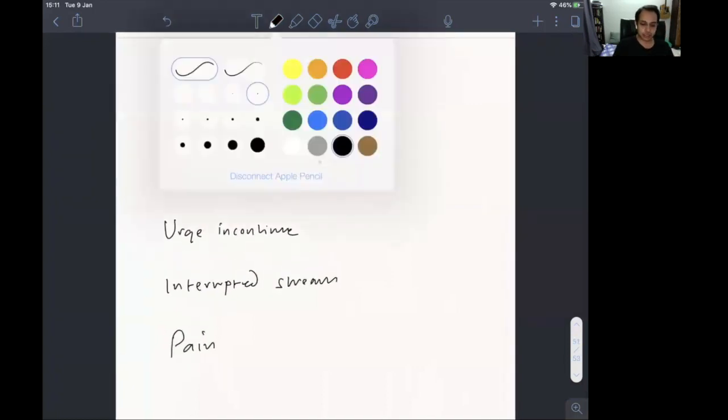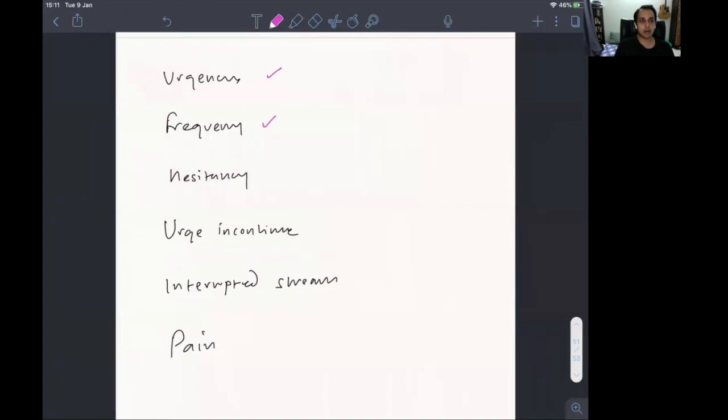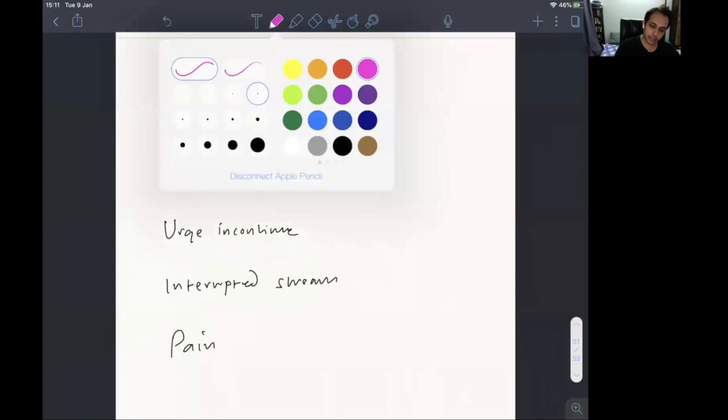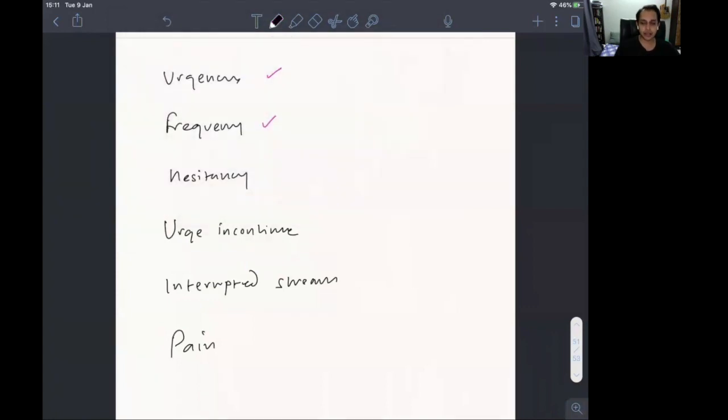So urgency and frequency will be there in almost all of the pathologies, because in any condition where your micturition reflex is acting independently, you will feel urgency, because as soon as the bladder gets full, even up to 200 ml, you will start feeling urgency, unless it is an infrasacral lesion in which you will have a disconnected bladder.